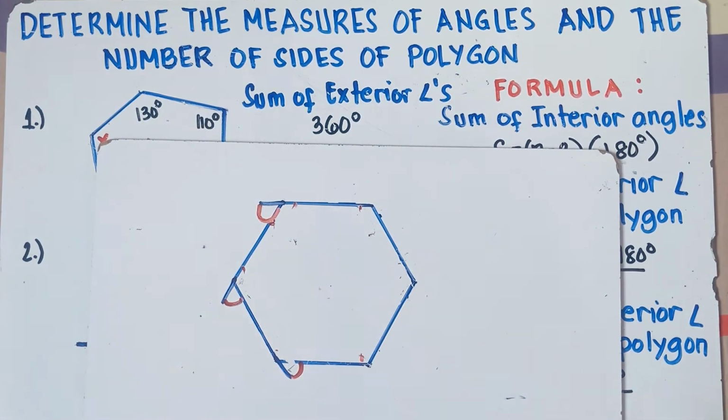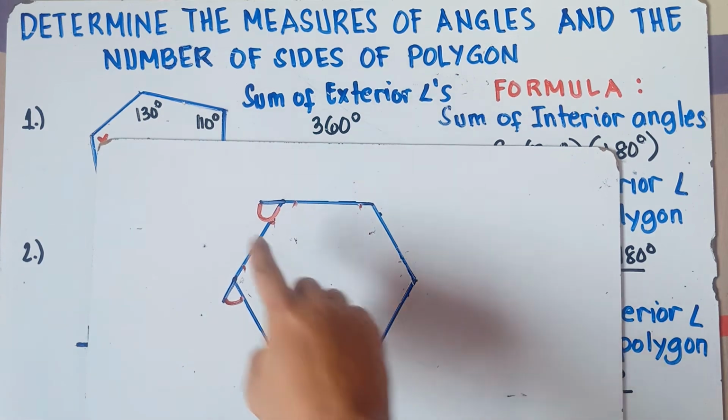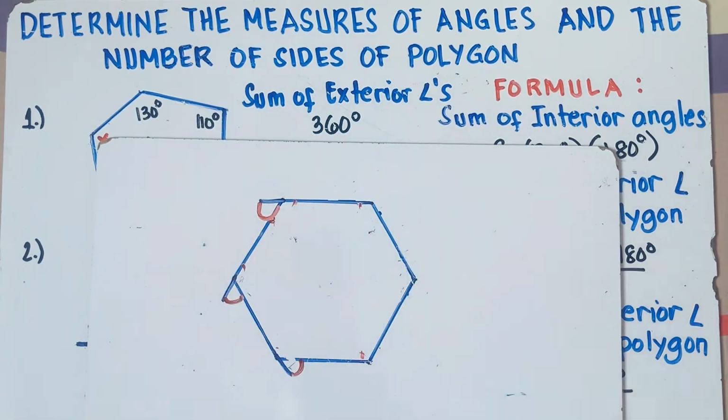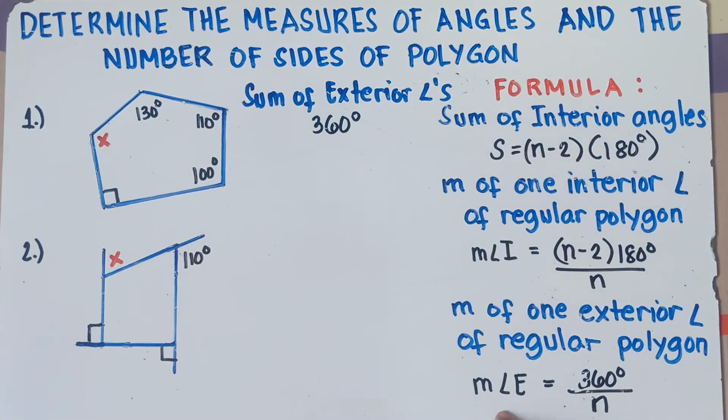Now, if the teacher asks for the measure of one exterior angle of a regular polygon, for example this one, you can find that using this formula: the measure of one exterior angle equals 360 degrees divided by n.